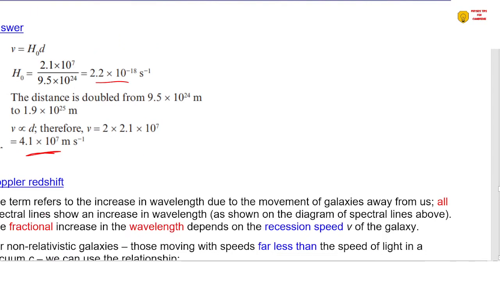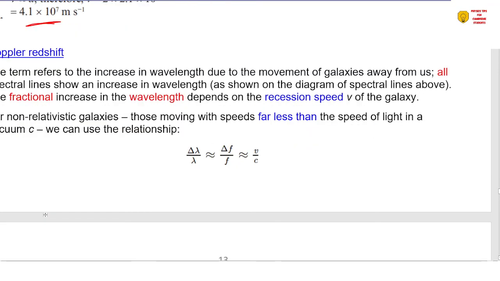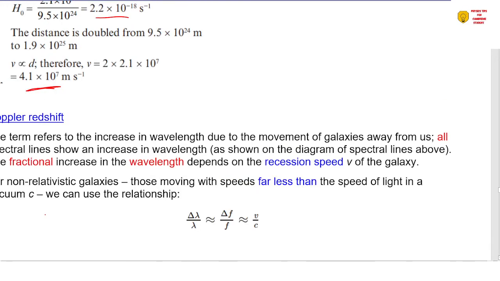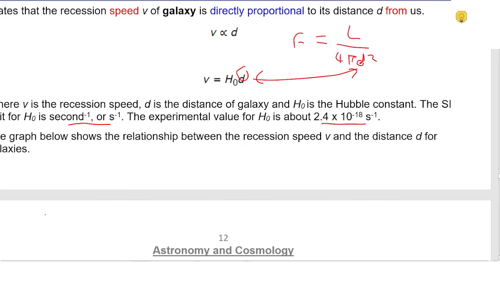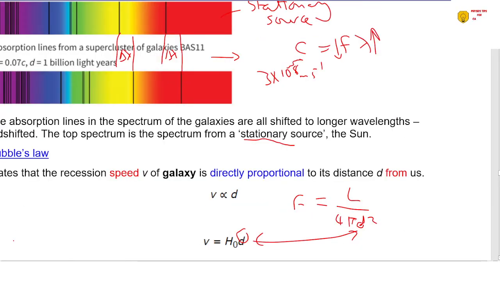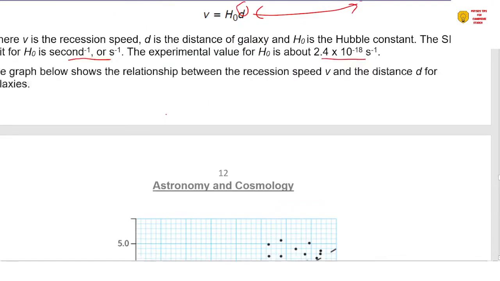Then we are going to talk about the Doppler redshift again. So at this time, we're going to be going back to our spectral lines that we had there, where we had our delta lambda for the wavelength, and it's going to be delta f for the frequency as well. Okay, so this is the redshift.